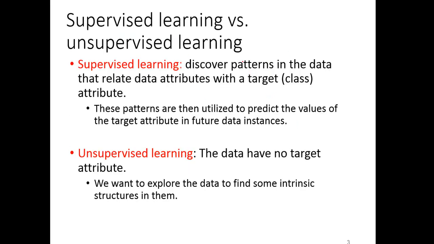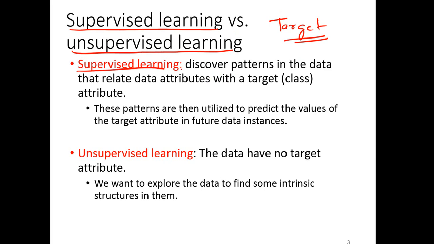Okay, so in machine learning we basically come across two types of learning algorithms. One type is supervised learning algorithms, and the other one is the unsupervised learning algorithm. Supervised learning is used for label data. So whenever we have a target variable, that means we have a label data, we use supervised learning algorithm.